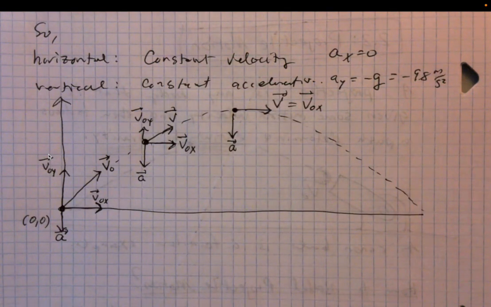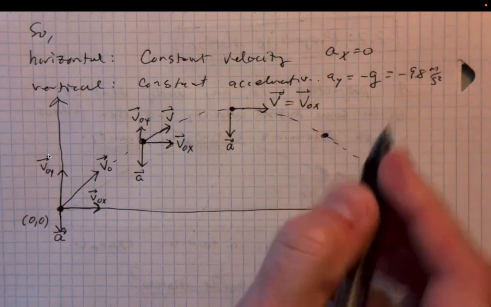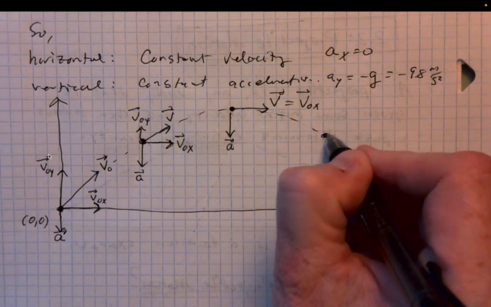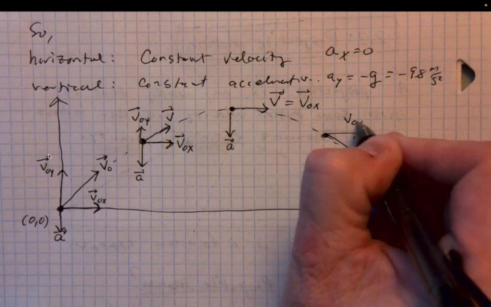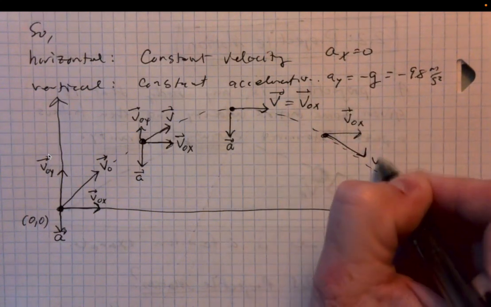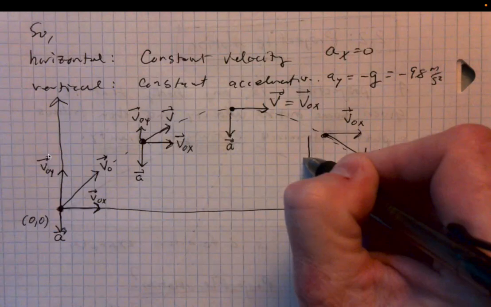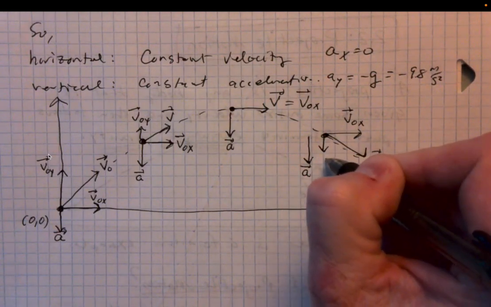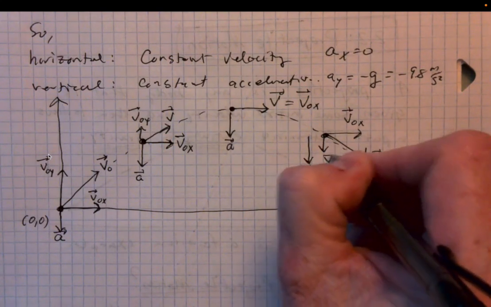Then what starts to happen on the other side of the peak here? Well, over here again, we've got our velocities moving like this. Our x component of velocity looks like this, same as always. Right? But now we've still got our acceleration pulling us down, same degree, but our y component of velocity is pulling us down.